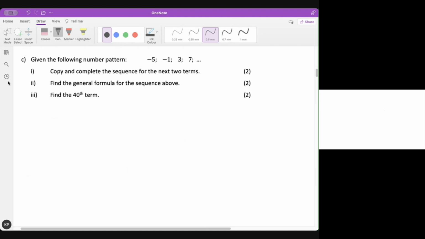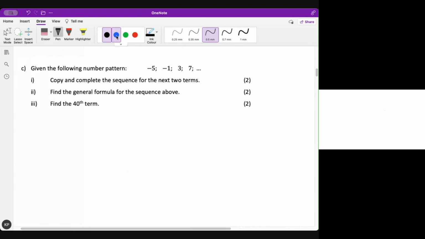There we go. You keep adding the same number. There's a constant difference. What is our constant difference in this case? It is 4. So we are adding 4. That means the constant difference is a positive 4.